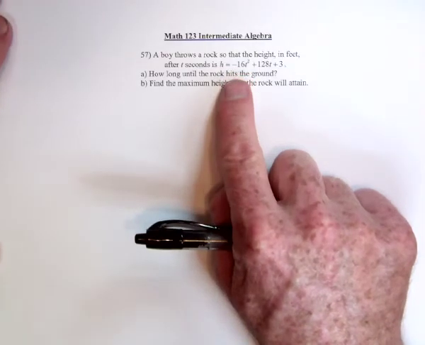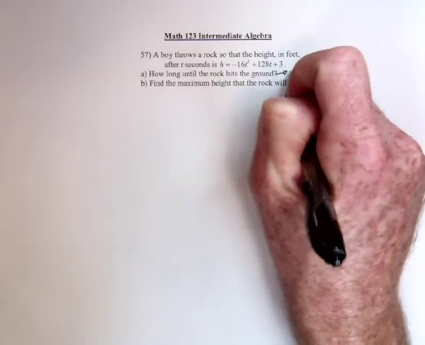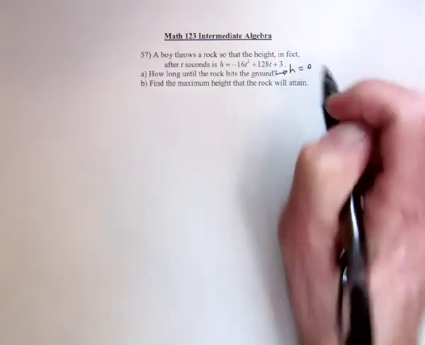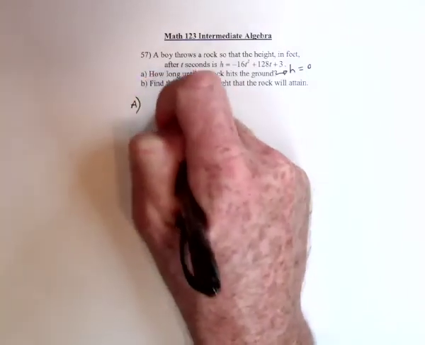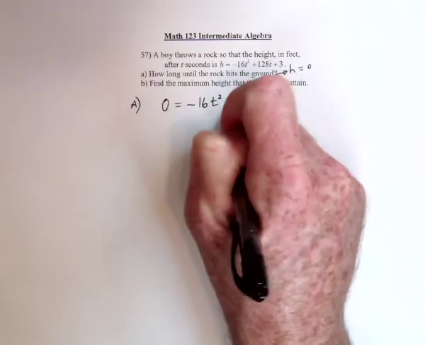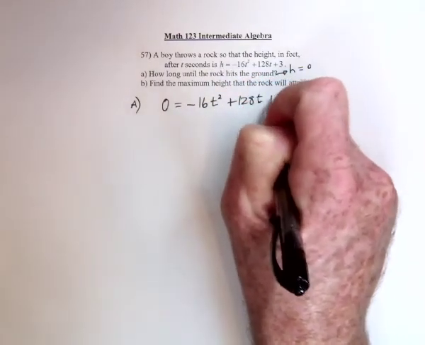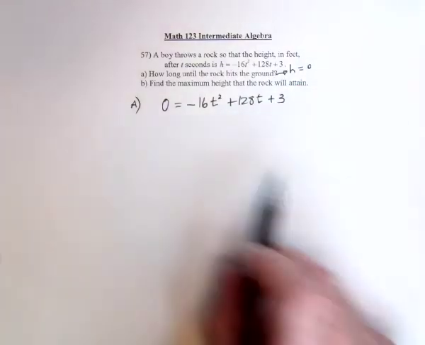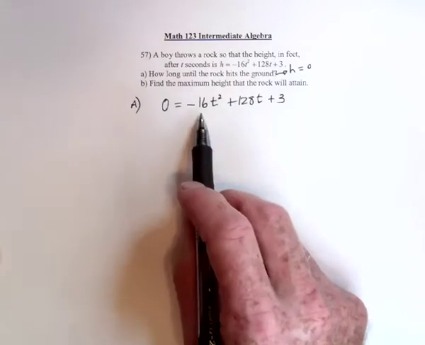So how long until the rock hits the ground? Well, when it hits the ground, then the height is equal to 0. So that's saying put 0 for h, and then solve for t. And there's nothing that can be factored out, because only a 3 can be factored out of here, but that's not going to work over here.